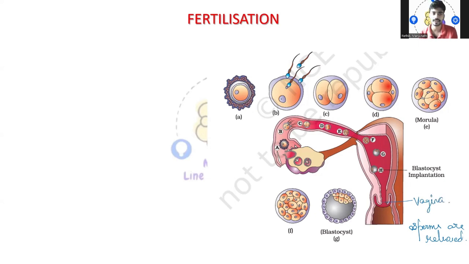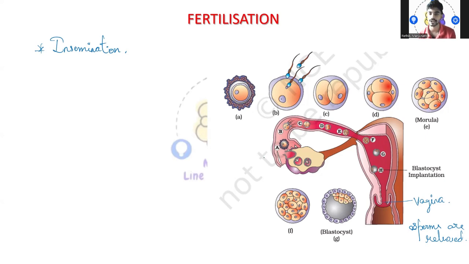This process is called insemination, where during the copulation, the sperms are released from the penis into the vagina of the female.